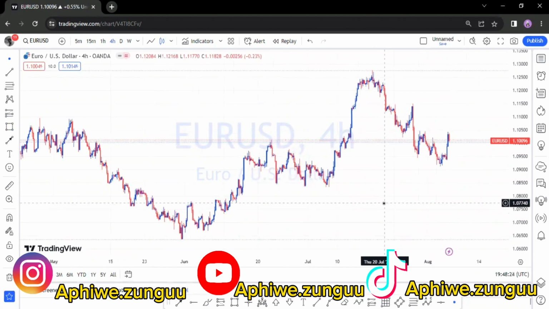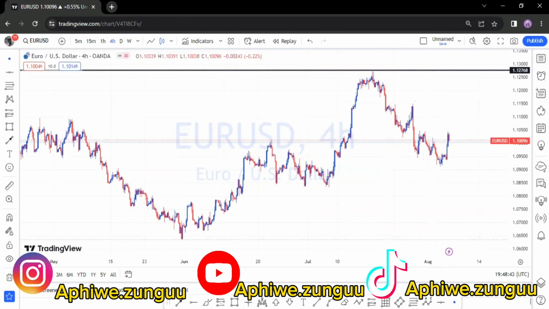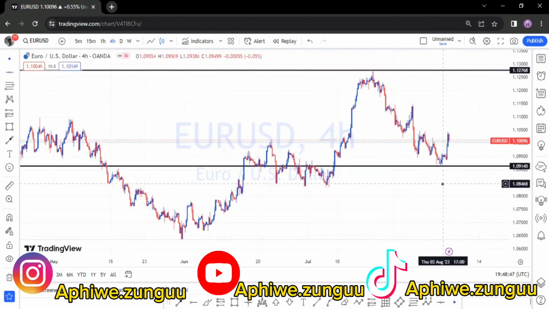I'm not gonna lie to you, I haven't researched it at all, but I'm just looking at how GBP USD and Euro USD are moving. They literally play out the same way, because we saw this in GBP USD, and we also saw this in Euro USD. It's literally the same thing.